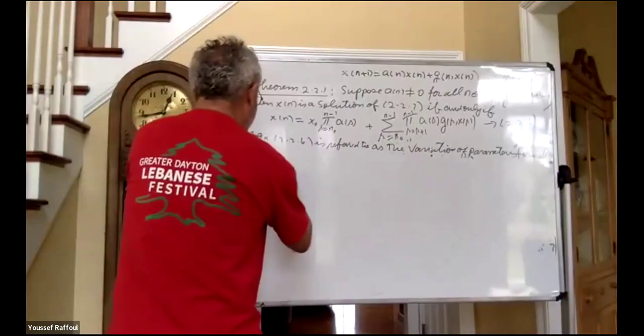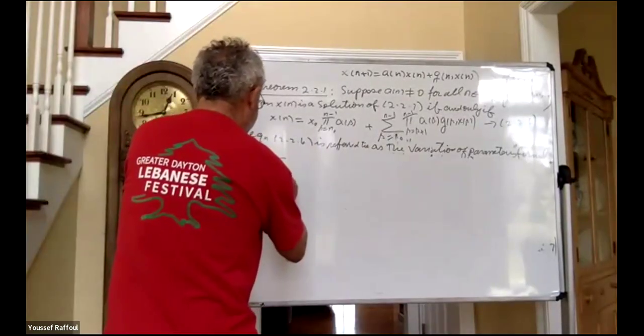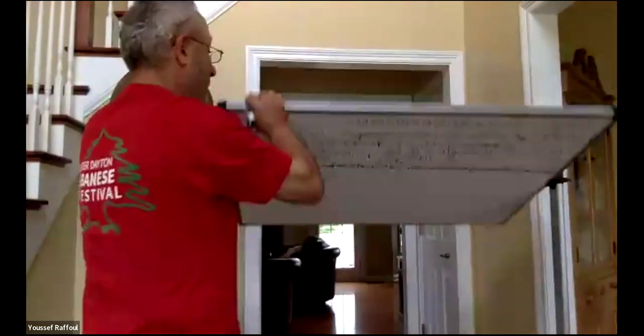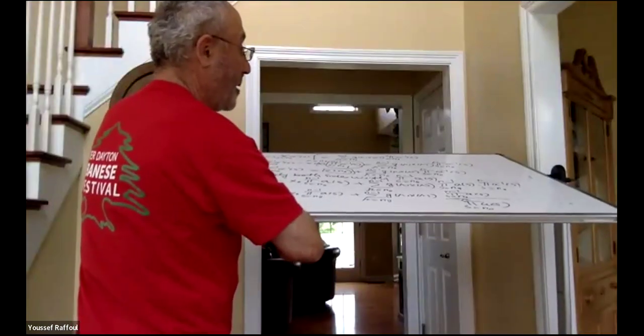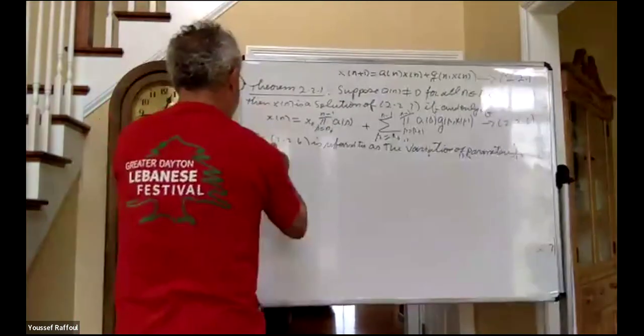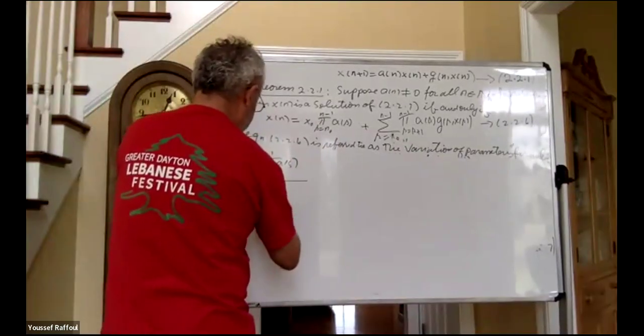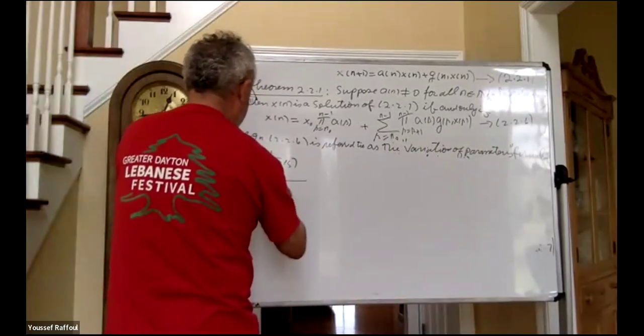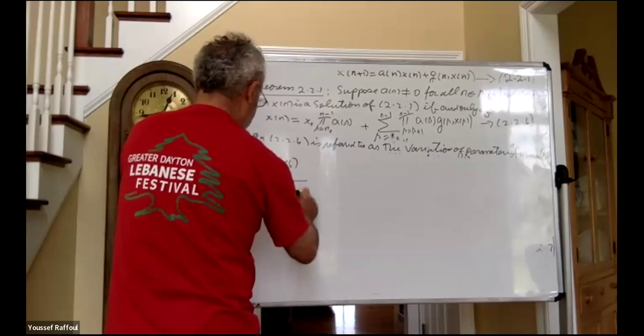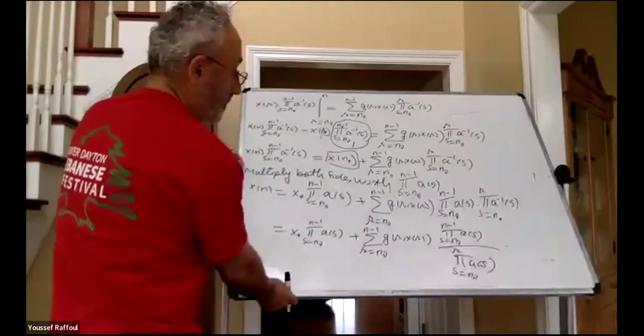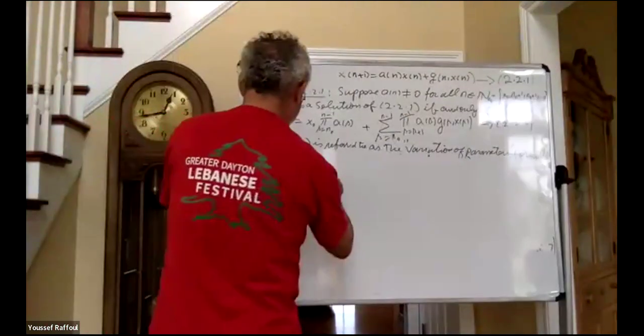So the product over s equal n naught to n minus 1 of a_s, over the product over s equal n naught to r of a_s. What is that equal to?